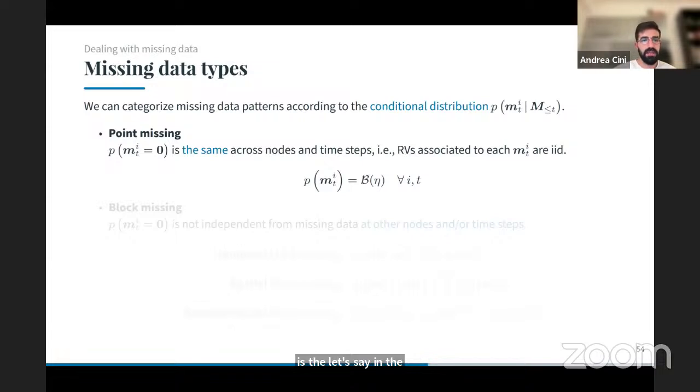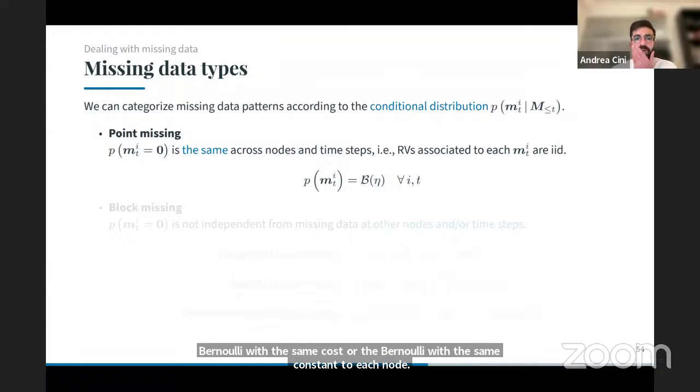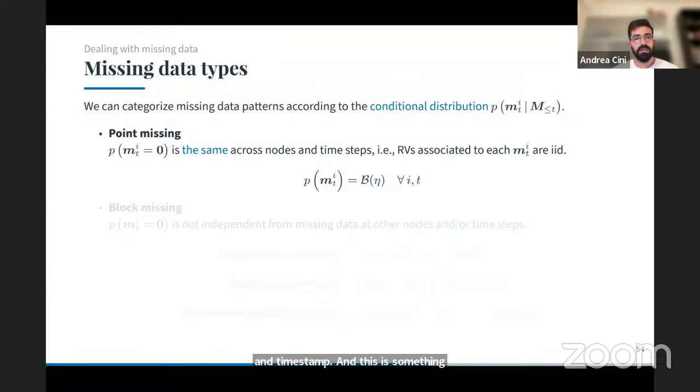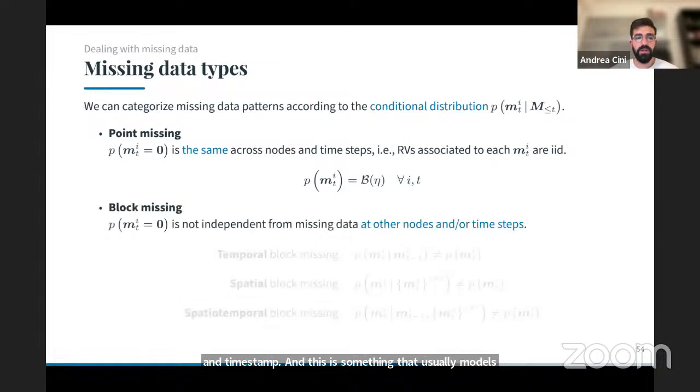So here what we are saying is that the probability of a point being missing is the same across all nodes and time steps, and is basically associated with a Bernoulli with the same constant for each node and timestamp. And this is something that usually models, let's say, the communication error that we might have in a remote sensor application.